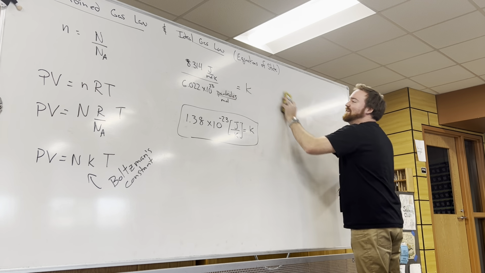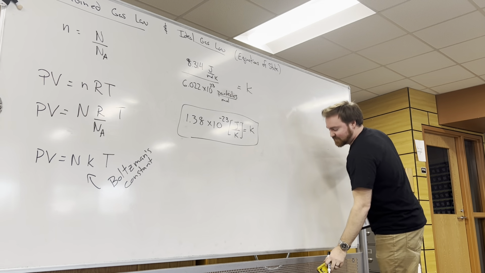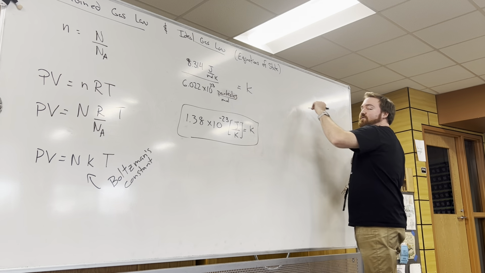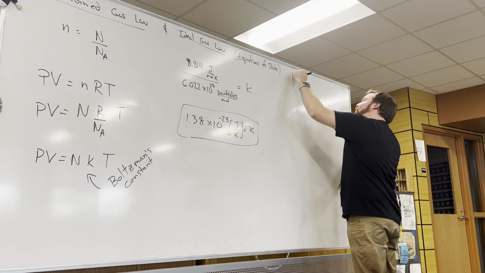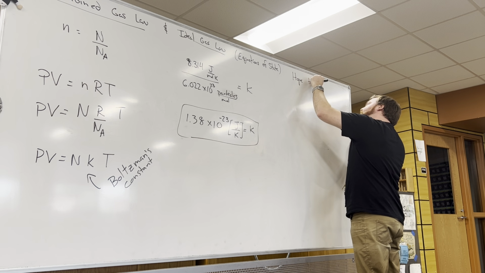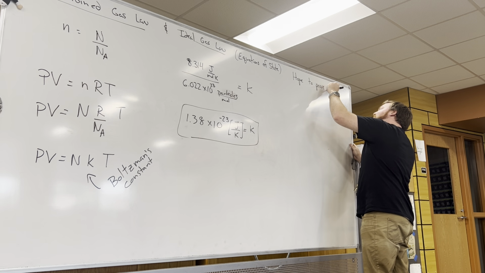Reinvent the alphabet. Okay, so here's what I hope to prove from now until the end of the class on Monday, okay? So here's our hope to prove. Who knows what happens now?